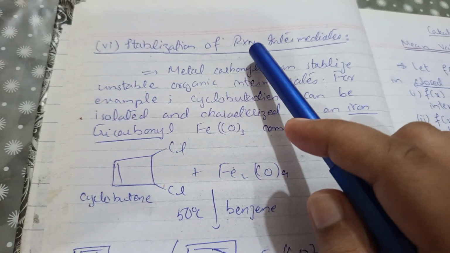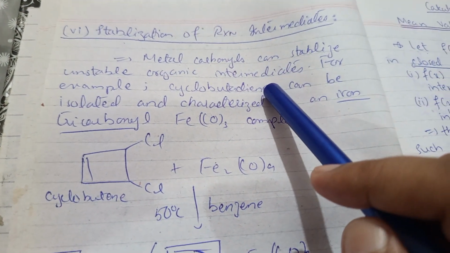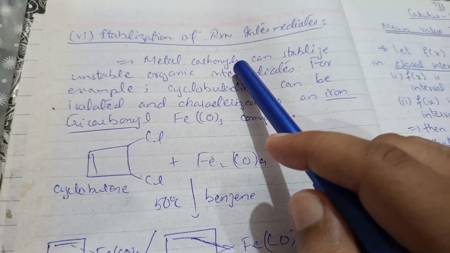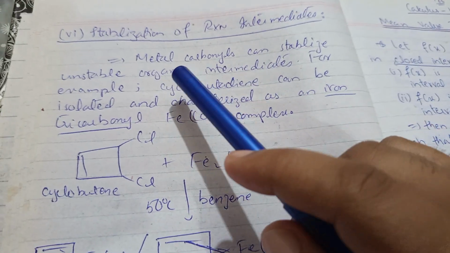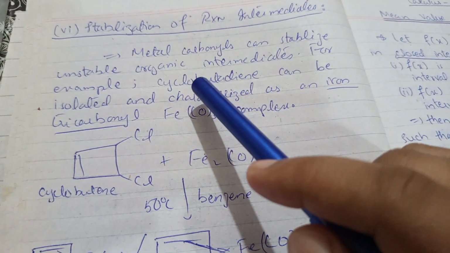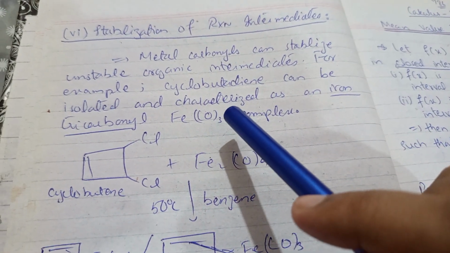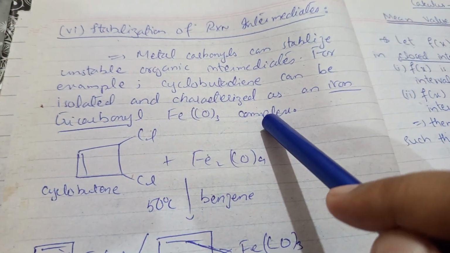Next, we have stabilization of reaction intermediates. One of the most important applications is that metal carbonyls can stabilize unstable organic intermediates. For example, cyclobutadiene can be isolated and characterized as an iron tricarbonyl complex.